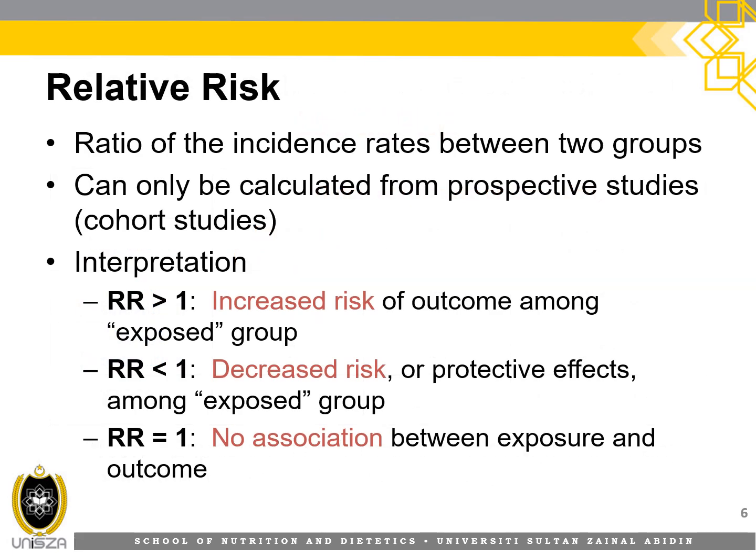The first measure of association that we will explore is relative risk. Relative risk is a ratio of the incidence risk between two groups. Relative risk can only be calculated from prospective studies or cohort studies.